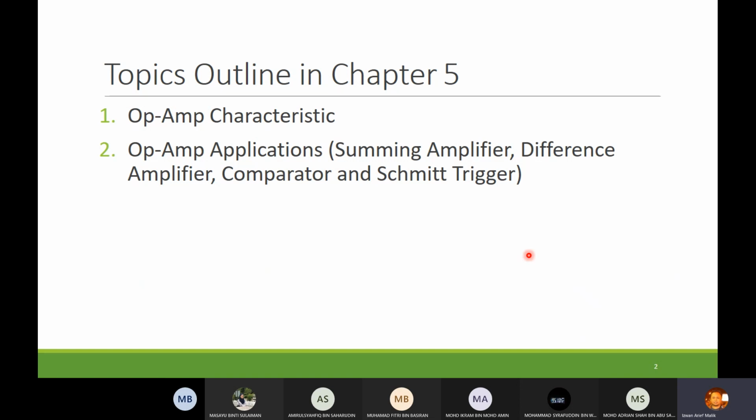So the first one is about the op-amp characteristics. And then number 2, the application of op-amp itself.